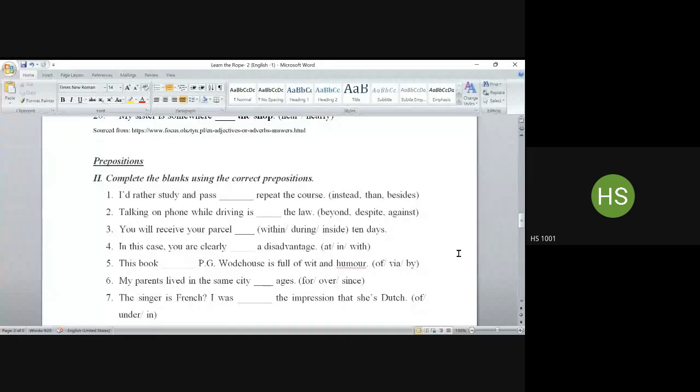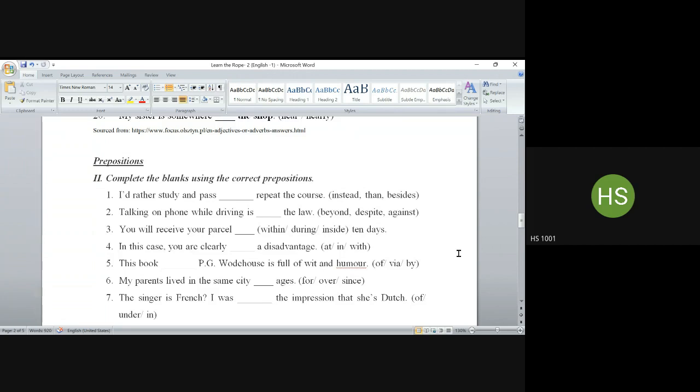All three can be used as prepositions of place as well as prepositions of time. There are other things also under this category, but the most common ones are in, on, and at. You should know their usage in terms of both place and time.